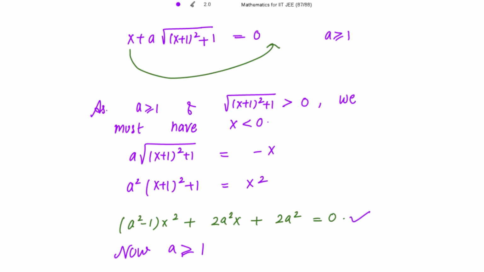So for this equation, if I take a to be equal to 1, putting a equal to 1 over here, we get 0 in the first term and then it becomes 2x plus 2 equal to 0. That is, we get x equal to negative 1. And we have written that x should be less than 0, so x is negative. Fine? Alright. So case 1: if a equal to 1, we are getting x to be negative 1.